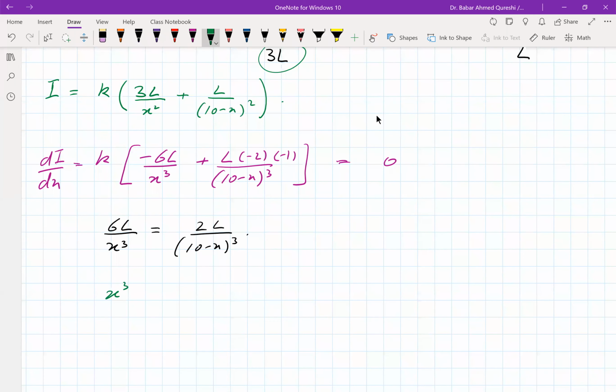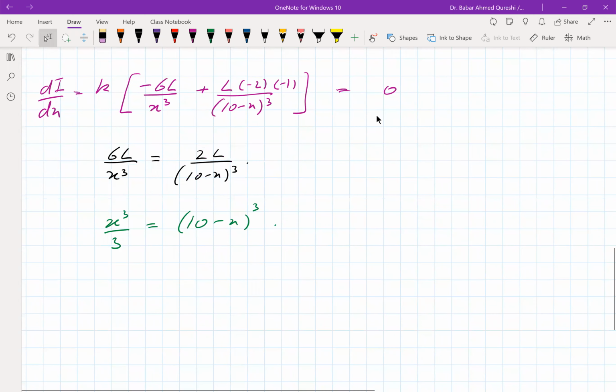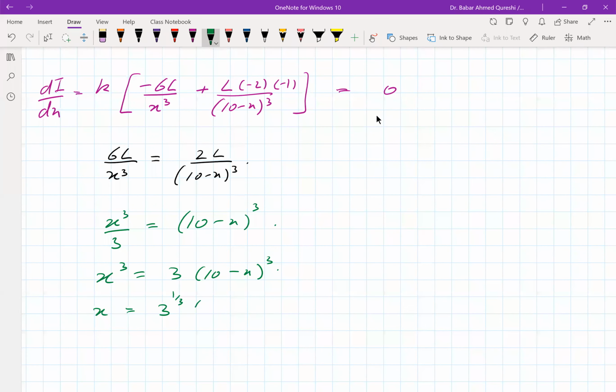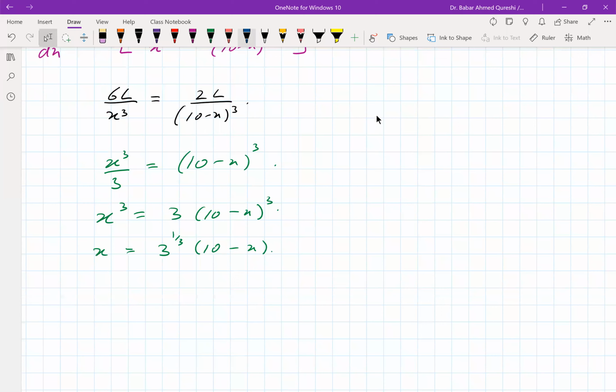So you have x cube over 3 is (10 minus x) cube, so x is this, and I can now solve for x.